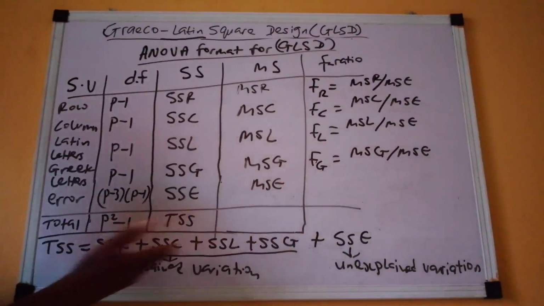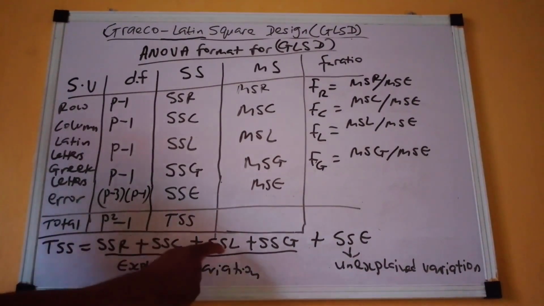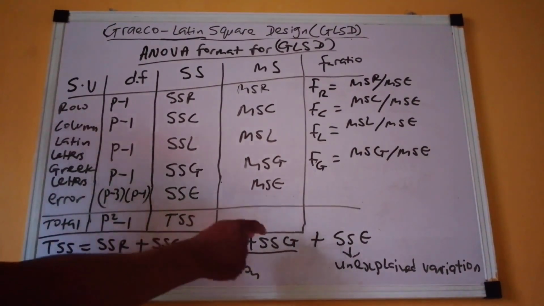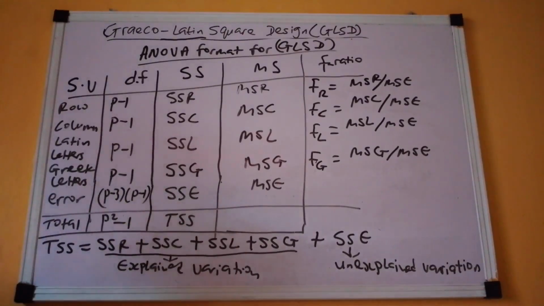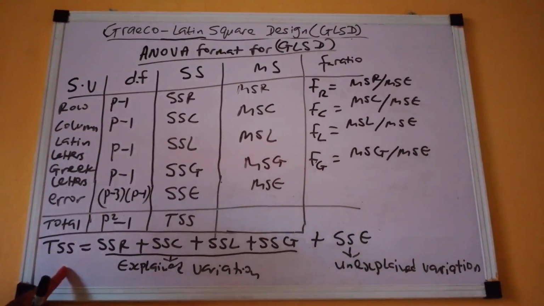So the sum of square for error is the unexplained variation. These other 4 sources of variation, the row effect, the column effect, the Latin letters effect, the Greek letters effect, are all explained variation because they are explained by the model. And of course, we can now get the sum of square for error by subtraction.